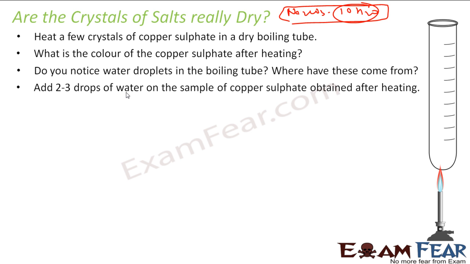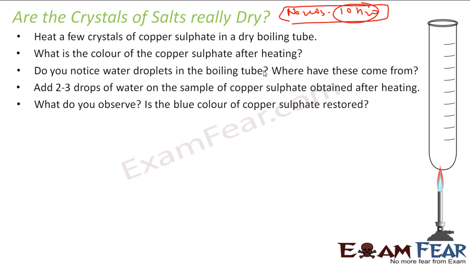Now you again add a water drop to copper sulfate, and it goes back to the old color. The color of copper sulfate was blue, and now when you heat it, it becomes white.